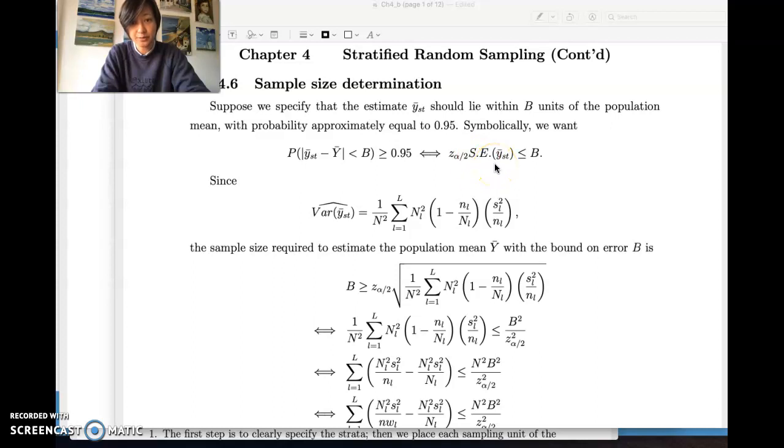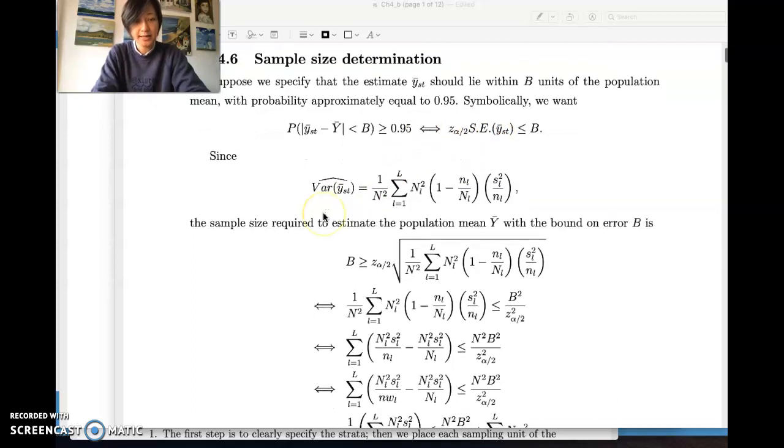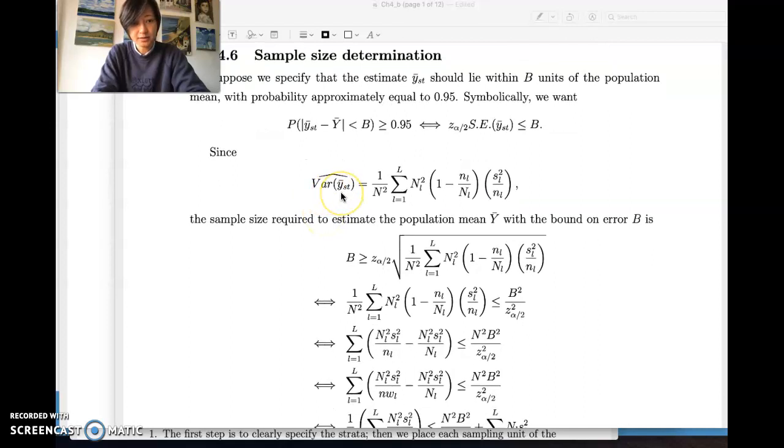under stratified random sampling. The estimated variance of y bar is the sum over the strata h of the stratum estimated variances added together, weighted by the population weighting, squared because we're looking at the variance.